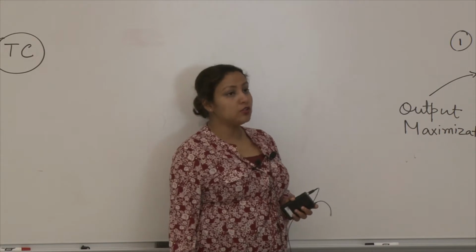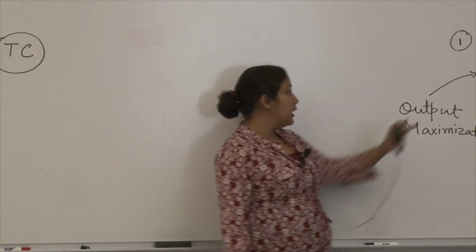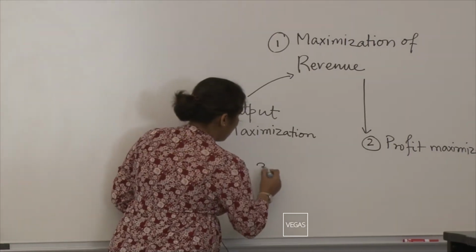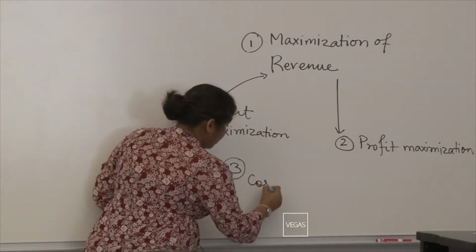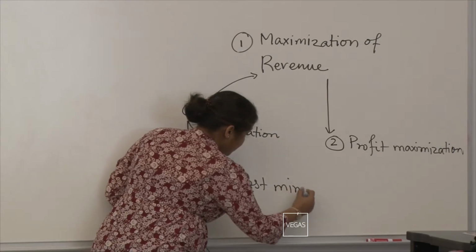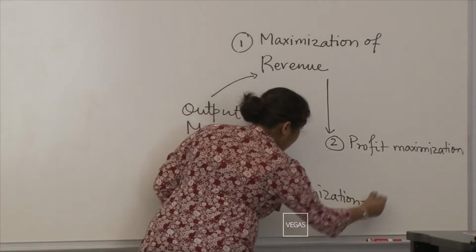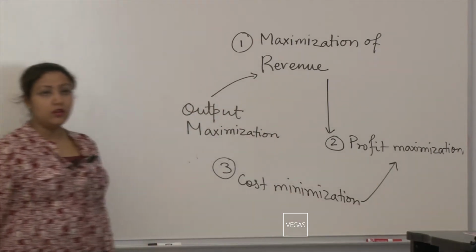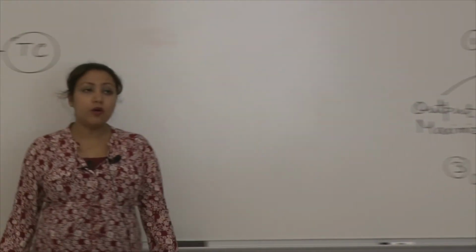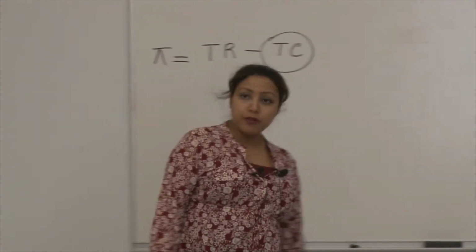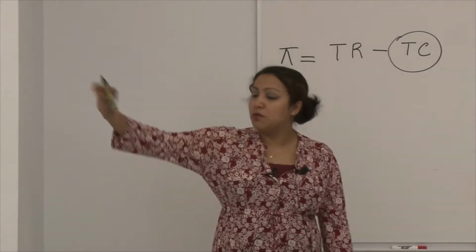Profit maximization is only possible if along with revenue maximization, you also have cost minimization. So that means there are three objectives of a firm: revenue maximization, profit maximization, and cost minimization.